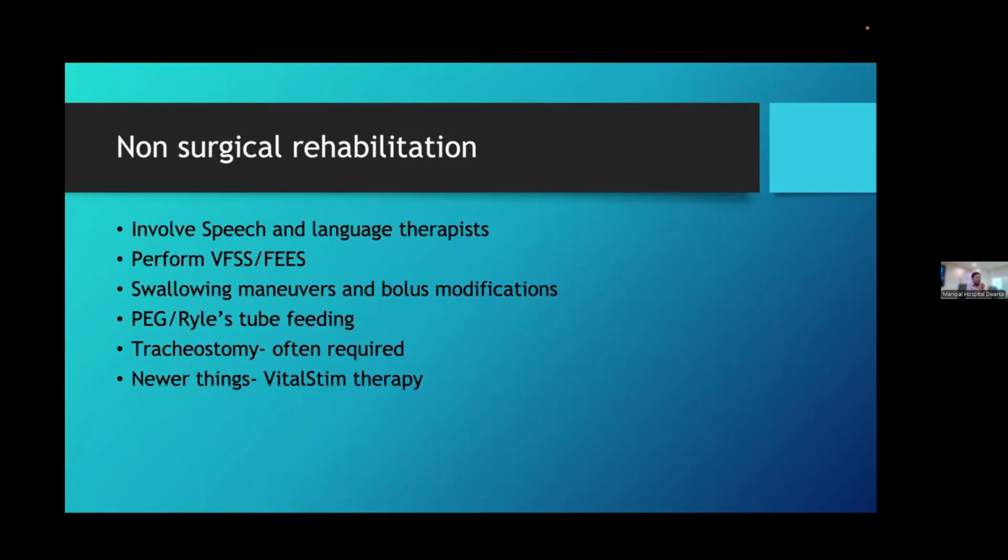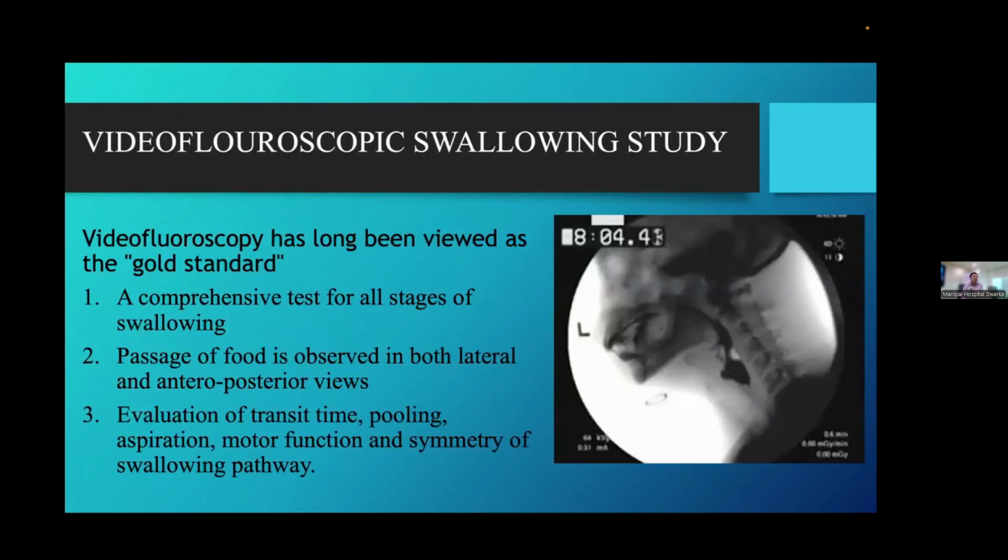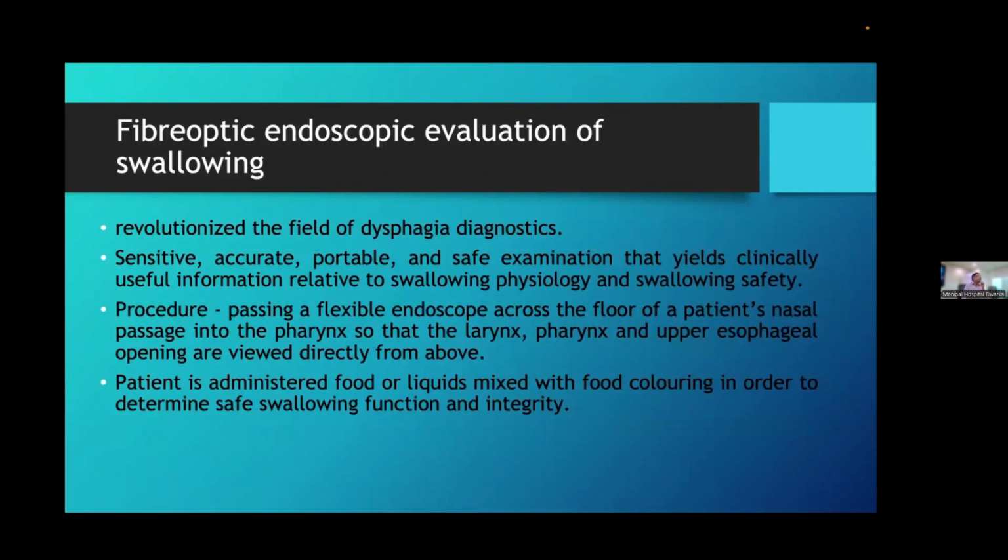Non-surgical rehabilitation can be done, and these involve basically swallowing maneuvers. And this will require the patient to undergo FEES or a video fluoroscopic swallowing study, right? So these are the two studies which are important, because video fluoroscopic swallowing will actually give you a dynamic result of the swallowing maneuver, right? And also you have to do a fiber optic evaluation.